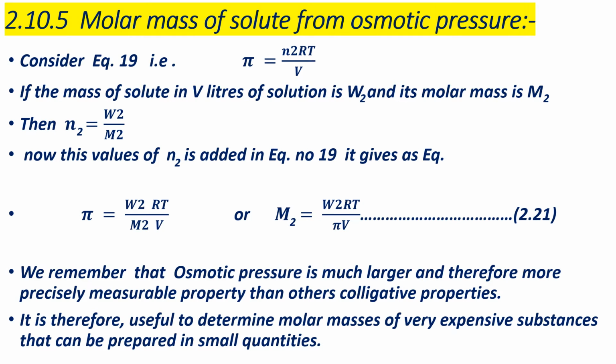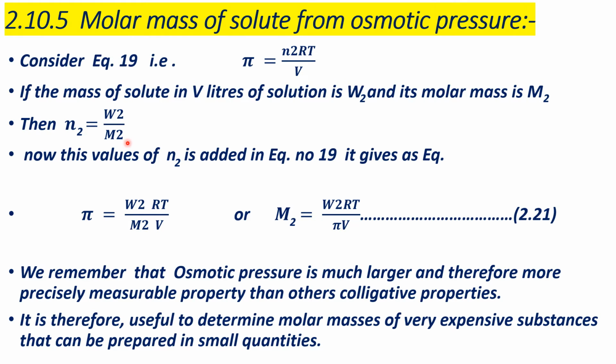Point number 2.10.5, that is molar mass of solute from osmotic pressure. Simply consider equation number 19, that is pi is equal to N2 into RT upon V. If the mass of solute in V liters of solution is W2 and its molar mass is M2, then you know that N2 is equal to W2 upon M2.